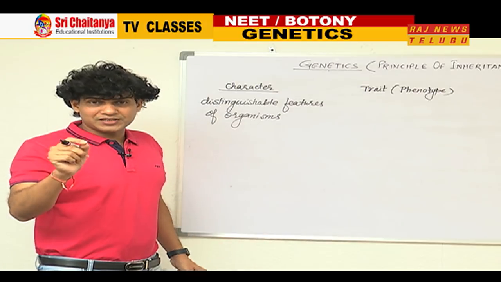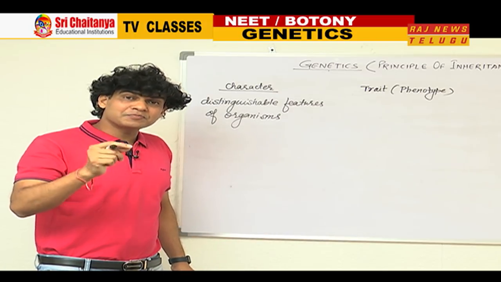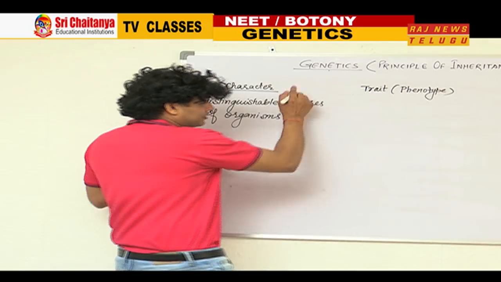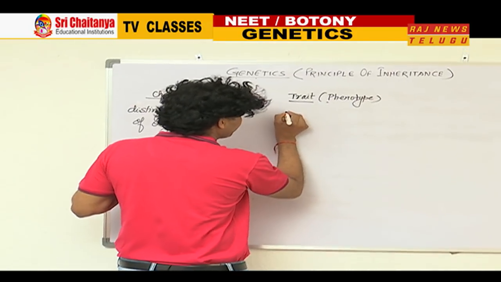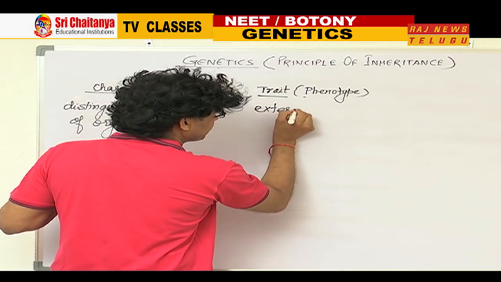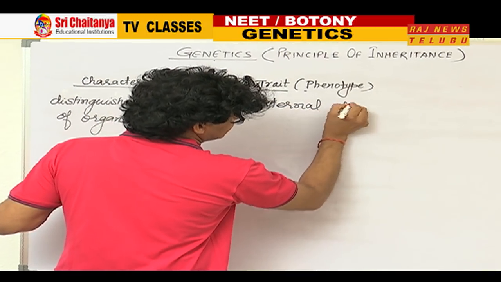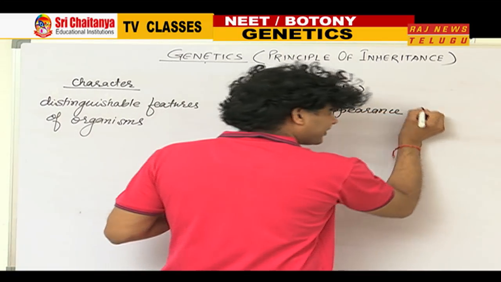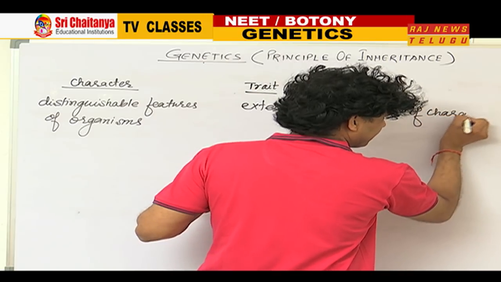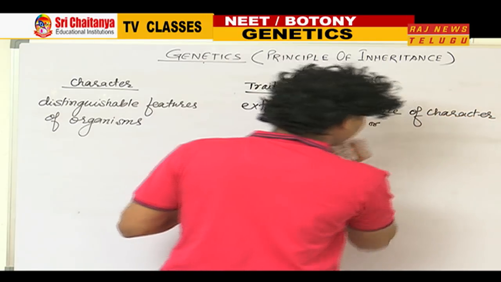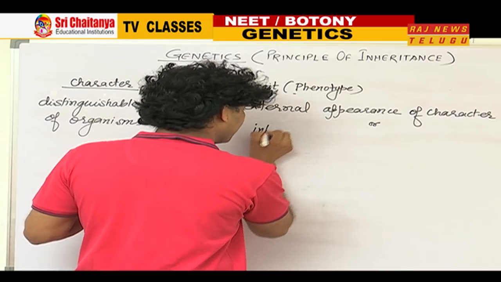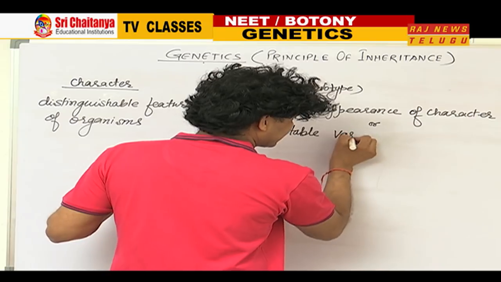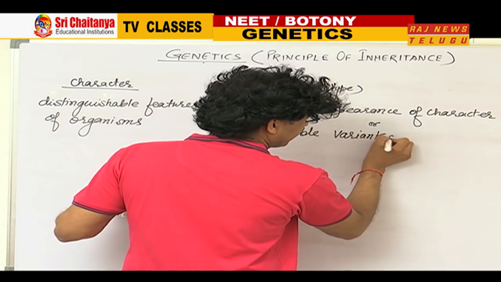So all those features with the help of which the concerned organism can be distinguished from the rest are known as characters. Now the related word is trait or phenotype, means external appearance of character. Or in other words, you can say inheritable variants of character.